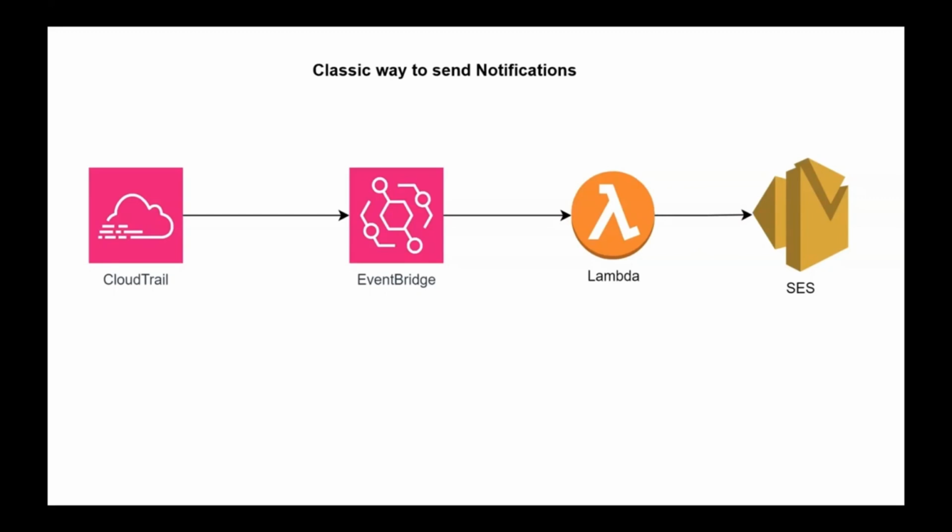And once the event is captured in EventBridge, a Lambda would be triggered. It would be parsing the event, and it doesn't need to be Lambda. It could be an SNS service as well that could be getting the notification and accordingly sending out an email. But if you use a Lambda, the email is going to be more properly formatted. So you may have to write Node.js or Python, depending on your language preference, and then set up SES as well to send out the notifications.